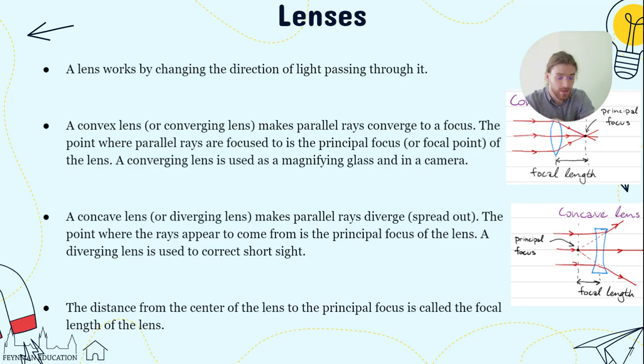So the next lens is the concave lens. Concave lenses are kind of inwards, kind of like hourglass shaped, and what they're going to do is diverge the light rays. So they're going to split off from being parallel to spread out. So it doesn't really have a focal point, and it is going to be used to correct short-sighted people.